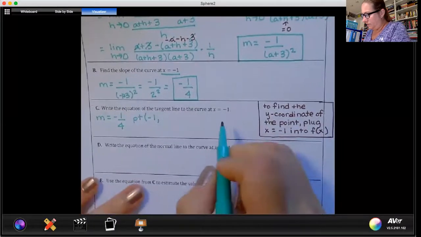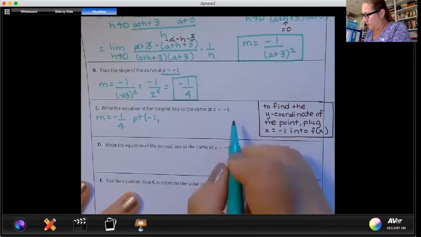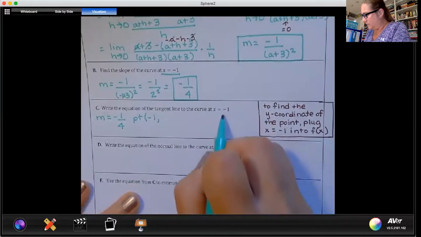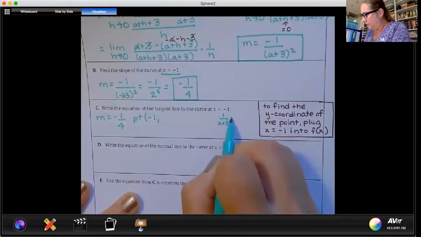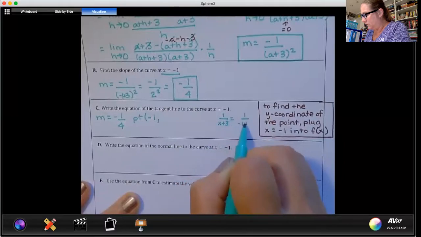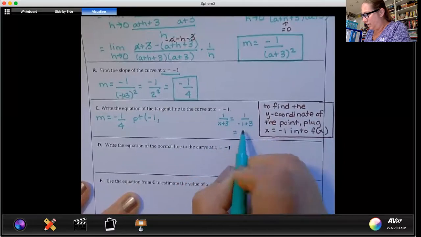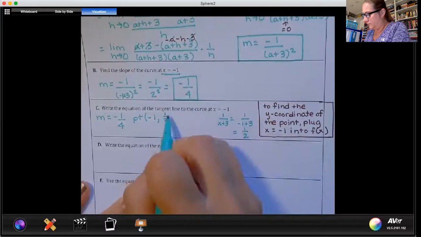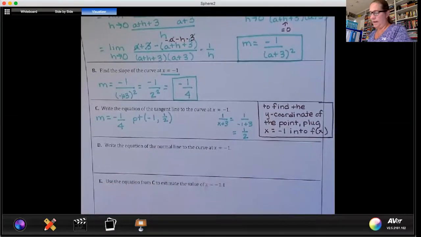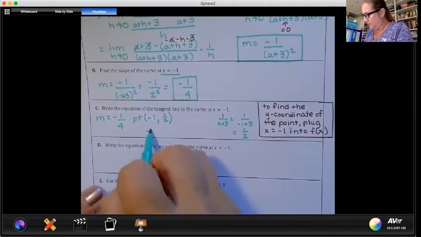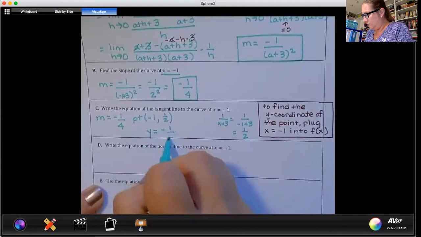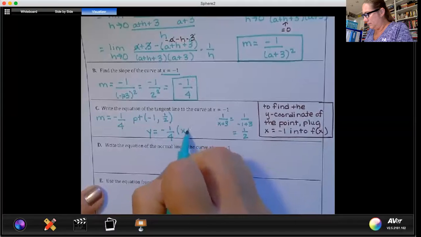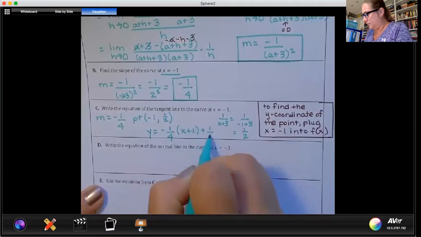So my function is 1 over x plus 3. I plug in -1, and I get 1/2. So now I have all parts that I need to create my equation. Y equals -1/4 times x plus 1 plus 1/2.